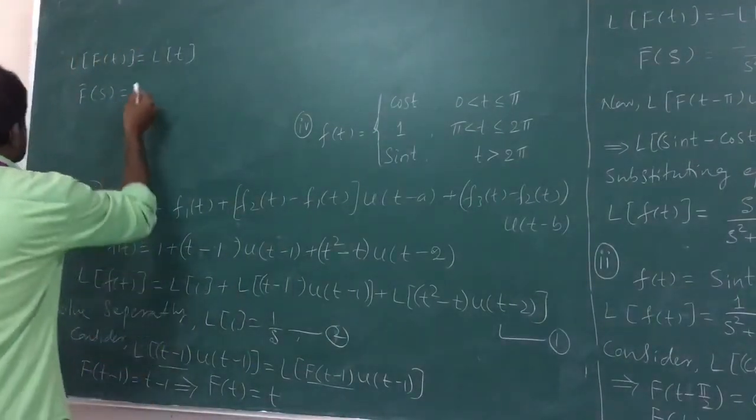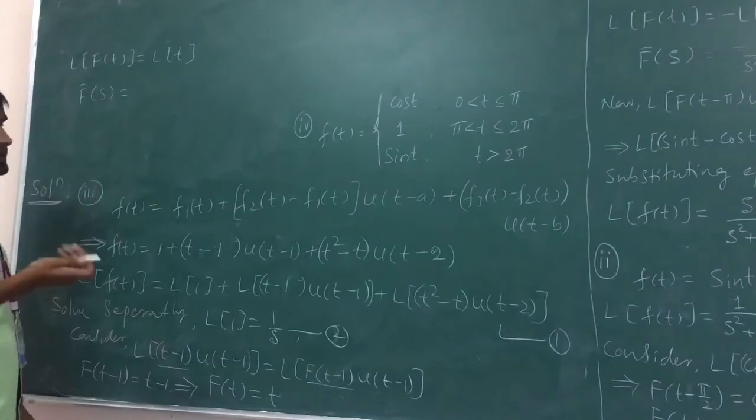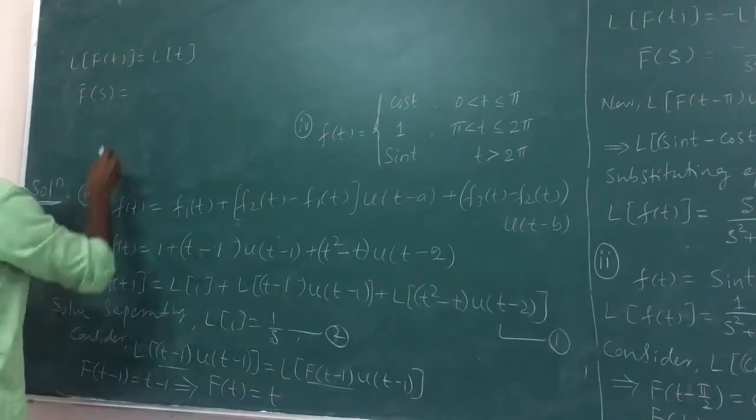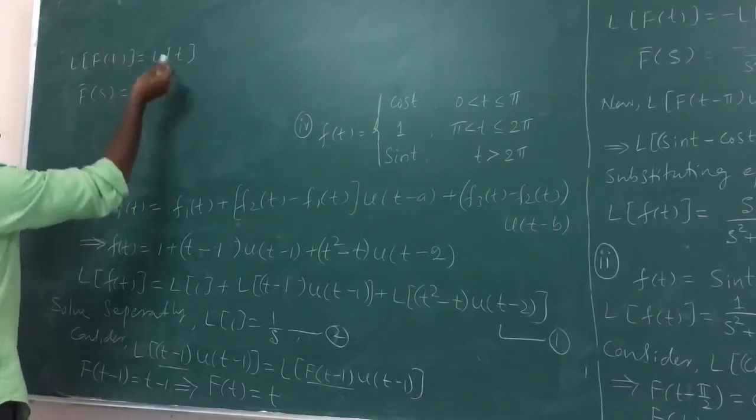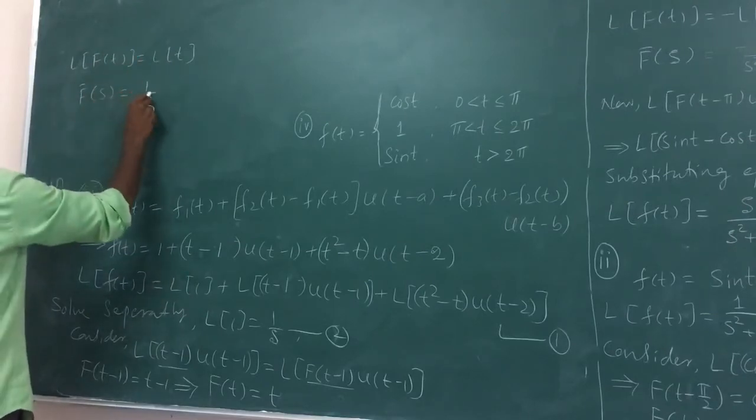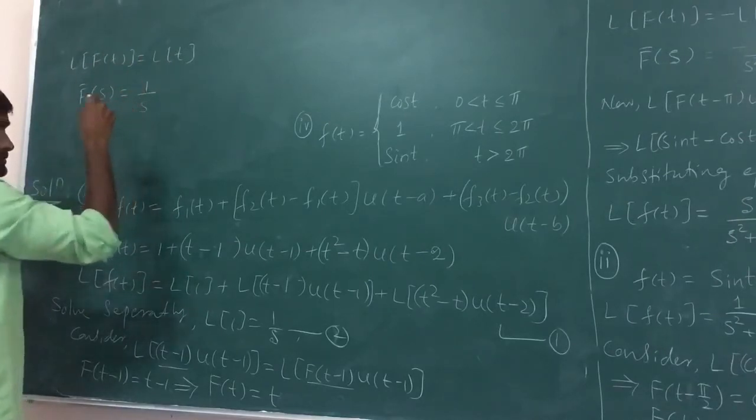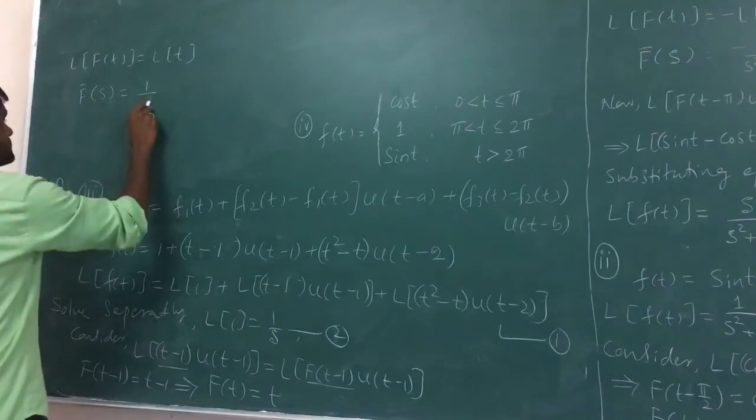Don't confuse, both are the same. The basic elementary transform L of t is 1 factorial over s to the power 1 plus 1, so 1 by s square.